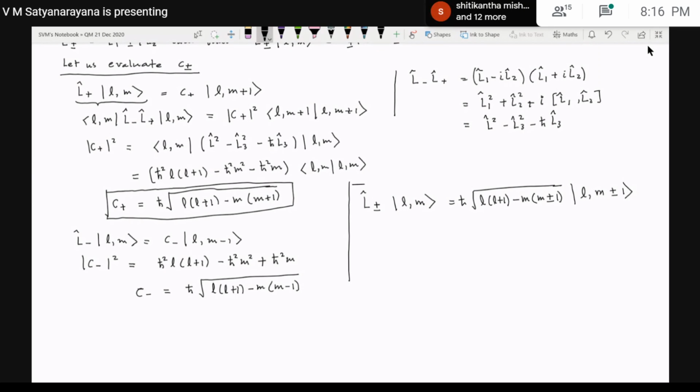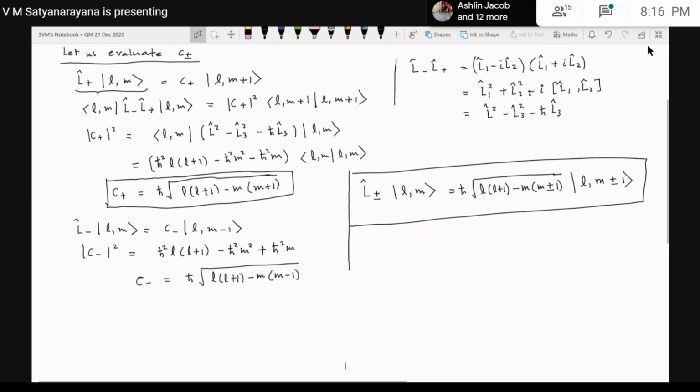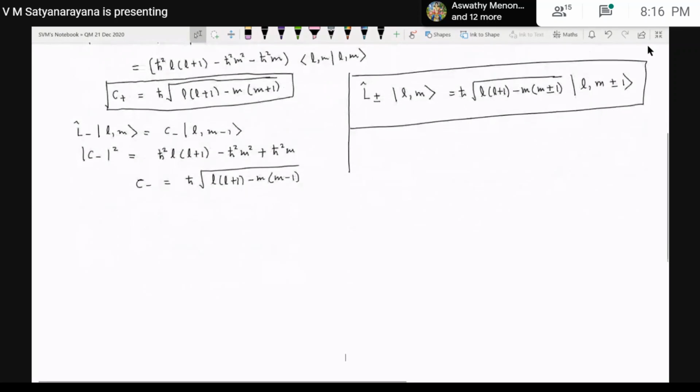So this is the action of the ladder operators on the common eigenstates of L square and L3. Okay, so this is one thing which I think we did not do last time, so let me complete that.